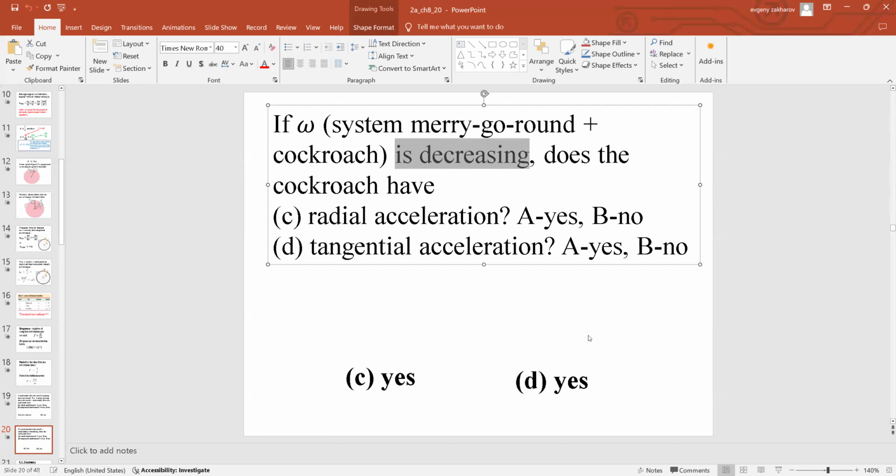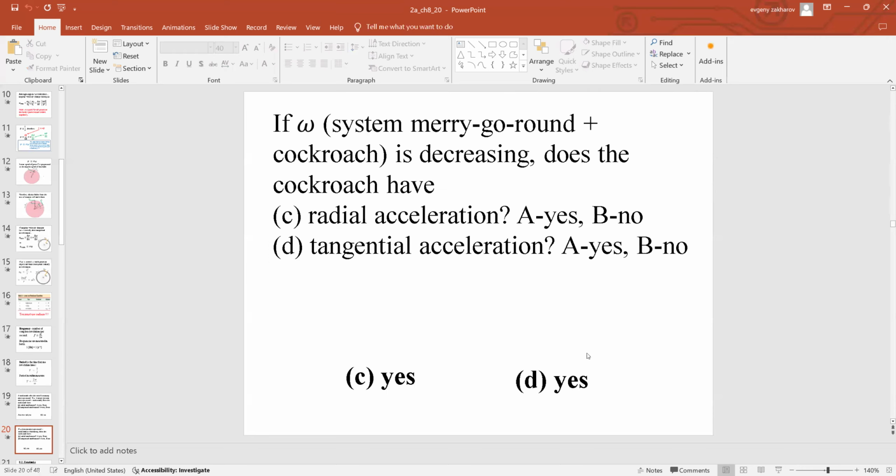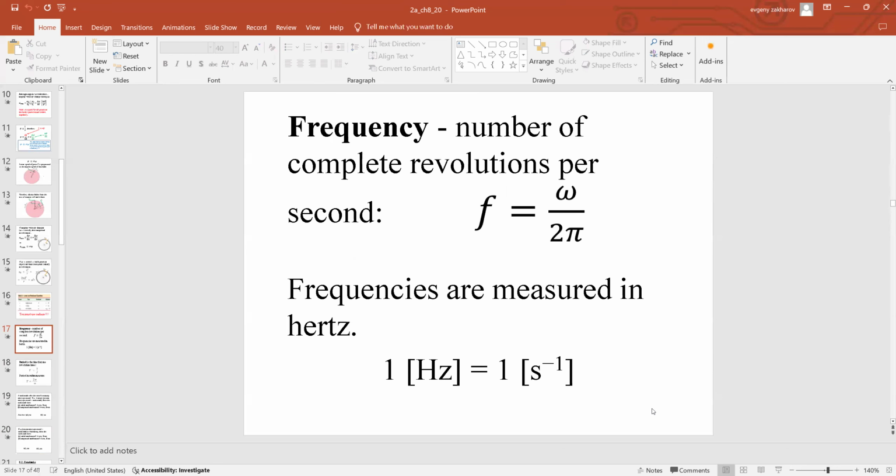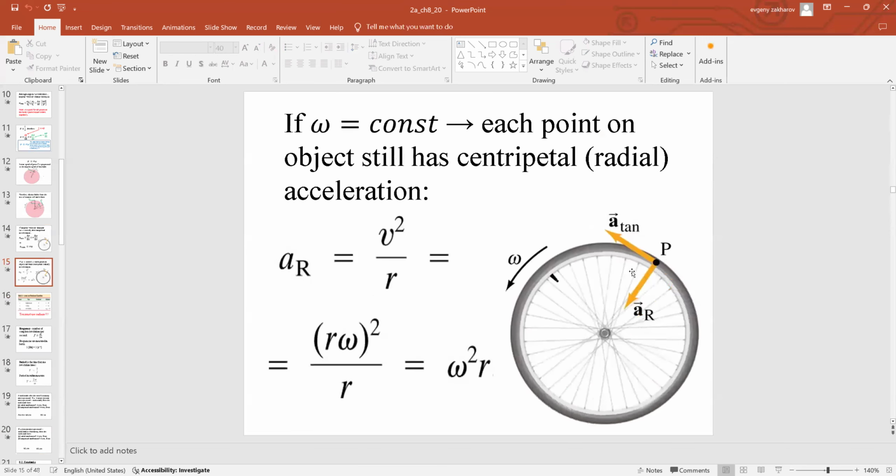That means change in velocity. We're slowing down. Speeding up or slowing down, there's definitely a yes for tangential acceleration. See this acceleration? This would be speeding up, but if tangential acceleration is opposite to rotational direction, you will get a slowing down process.